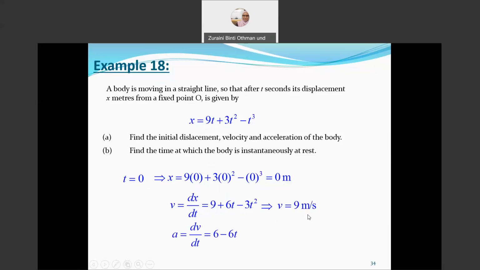Then for the acceleration, we differentiate dx over dt again and we get 6 minus 6t. Then if you want to find the acceleration at time t equal to 0, then we get a is equal to 6 meters per second squared.